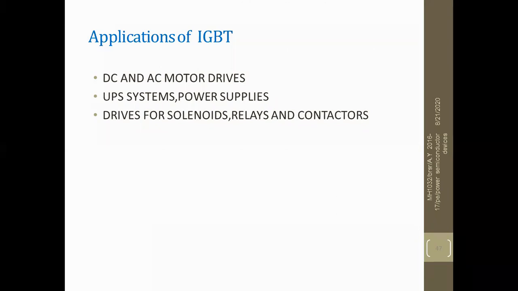The applications are medium power applications for IGBTs, whereas MOSFETs are for low power applications. In commercial availability, IGBT ratings increase to high voltage up to 6500 volts, and the current rating is 2400 amperes.